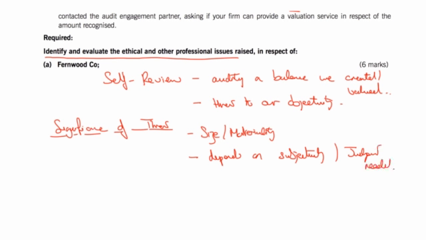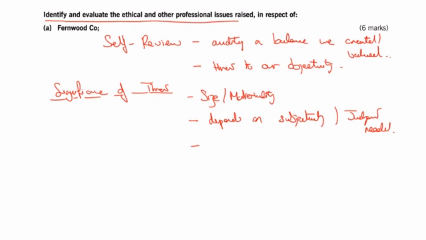And for those of you who have done P2, which I'm guessing is all of you or most of you, you will know that this is quite a judgmental thing. It's quite a difficult thing to do. So you would say pension has many variables, so therefore lots of judgment needed. So this would be indeed a very significant valuation.